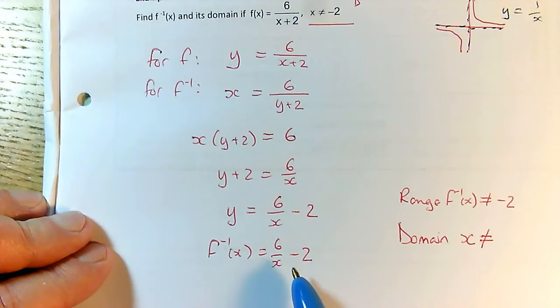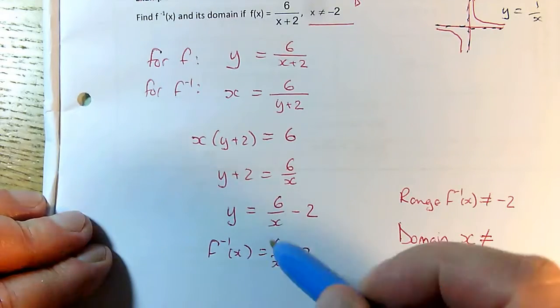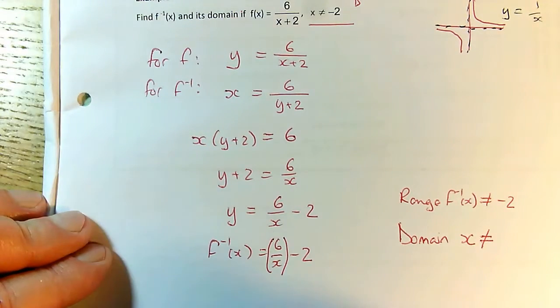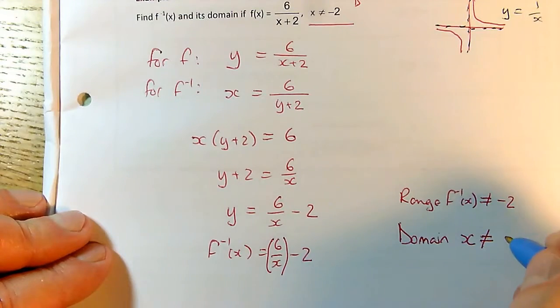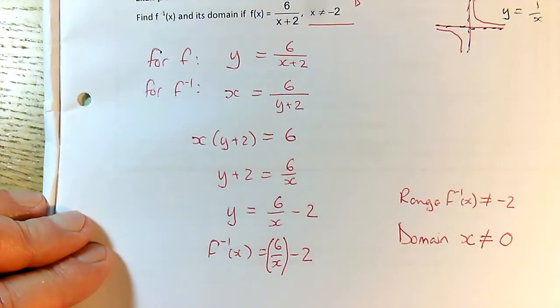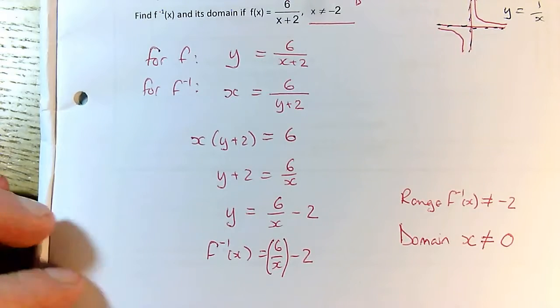So what value of x will give me a problem here? Well, the minus 2 isn't going to be a problem at all. The bit where I'm doing the division is in this 6 over x bit. What value of x could give me a problem? Well, the only thing I'm not allowed to divide by is 0. So the banned value of x is 0, so the domain is x is everything except 0. So I've answered the question.